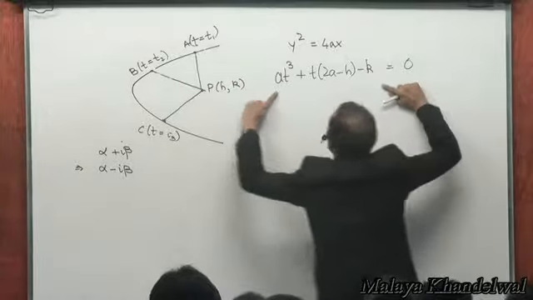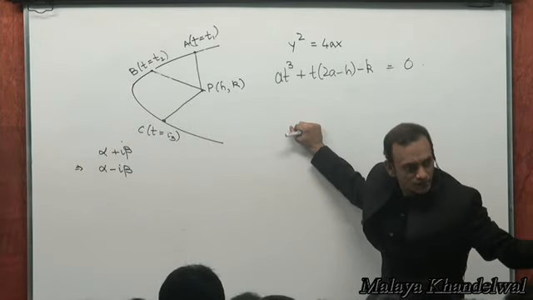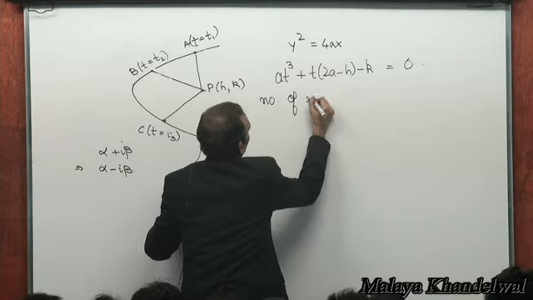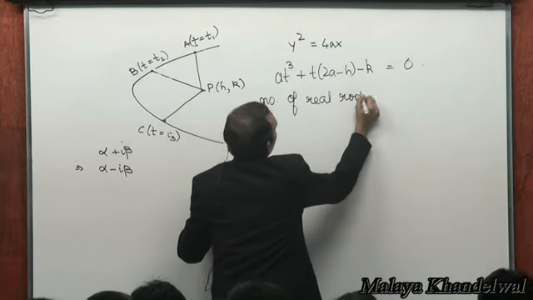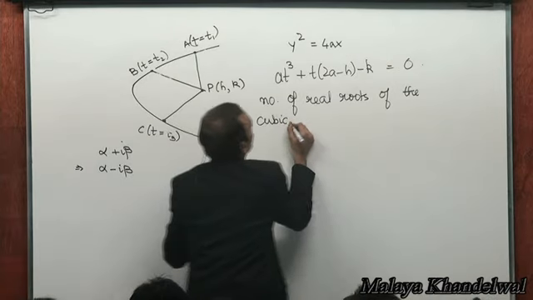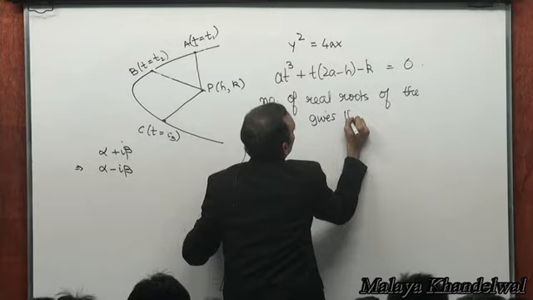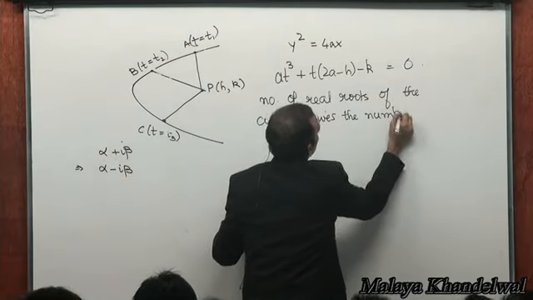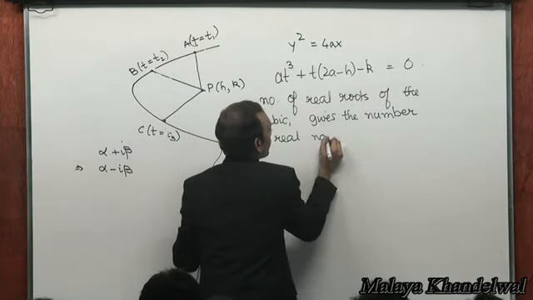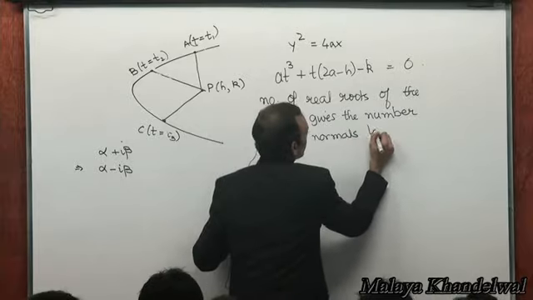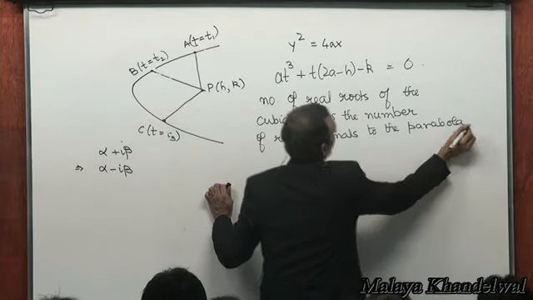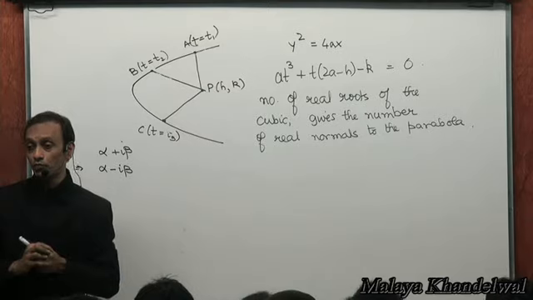The number of real roots of this cubic will give me the number of real normals from (h, k) to the parabola, isn't it?